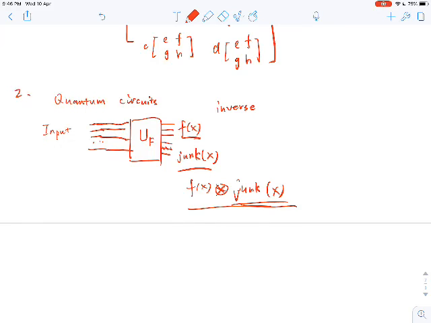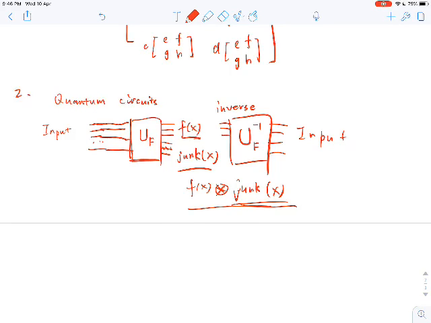And how can we get rid of these junk qubits? As I mentioned before, every quantum gate is a unitary matrix. Then we get this inverse, and we get back the input qubits, and we finally get rid of the junk qubits.